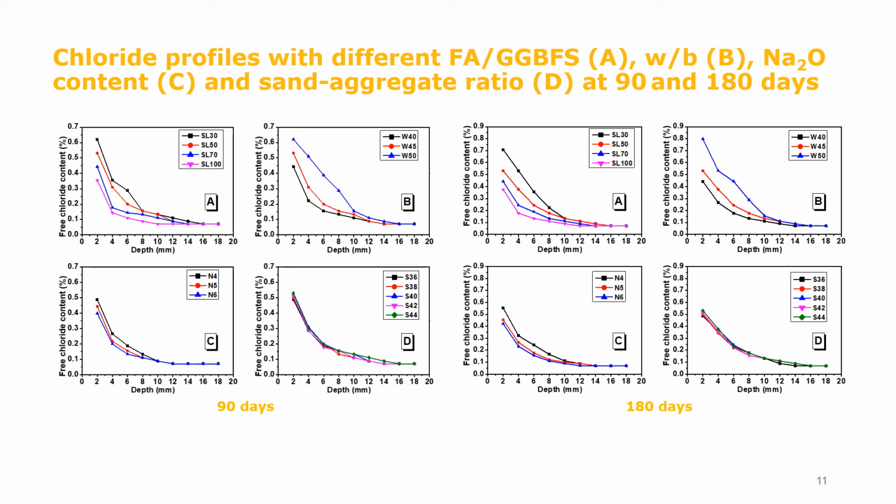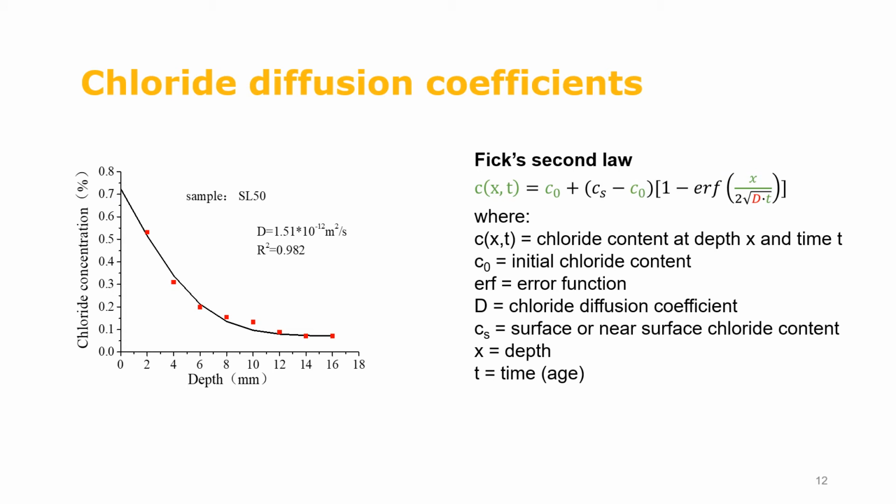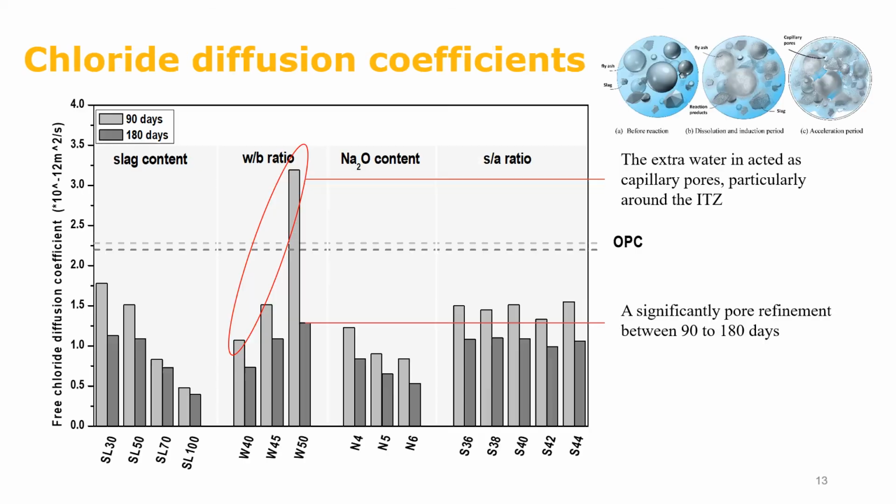Compared with alkali content and sand aggregate ratio, the fly ash slag ratio and water-to-binder ratio present a more important effect. Based on Fick's second law, chloride diffusion coefficients as well as surface chloride contents of each mixture can be determined by MATLAB.